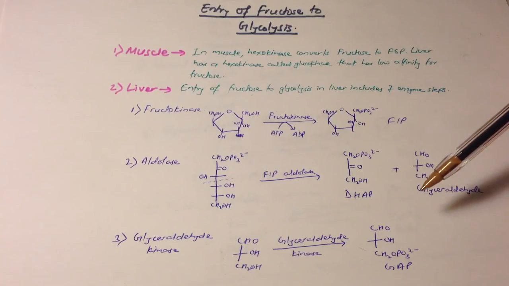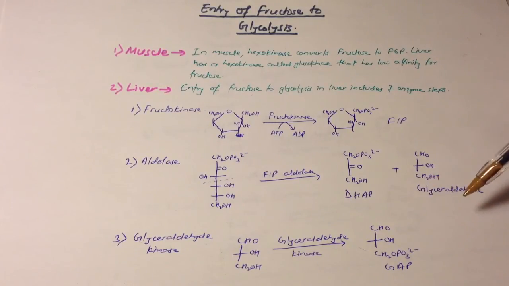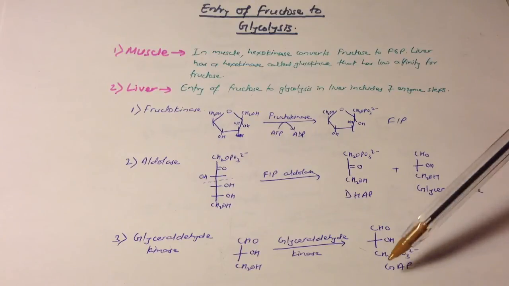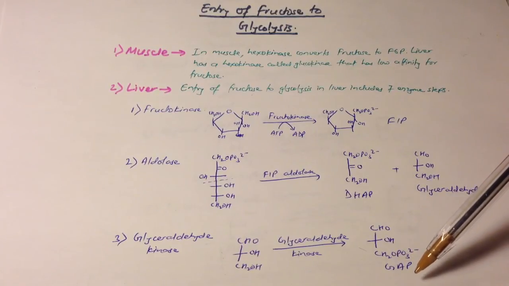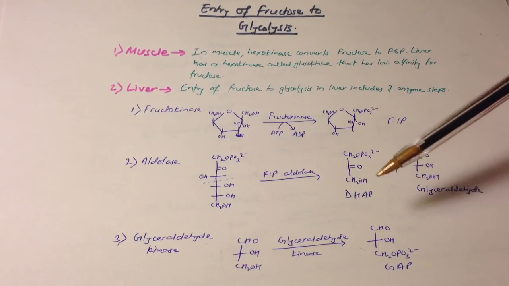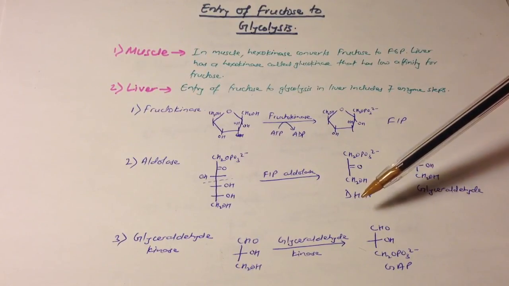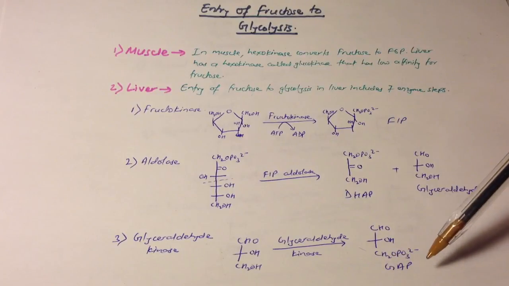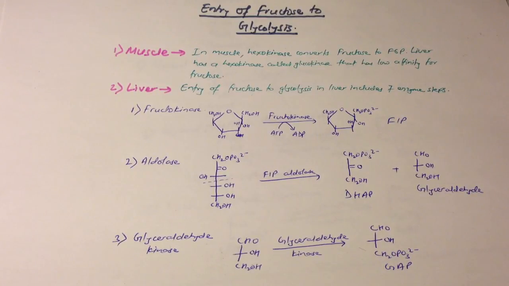In reaction number 3, the glyceraldehyde is converted straight to glyceraldehyde 3-phosphate, but the remaining reactions are going to talk about how glyceraldehyde would first be converted into dihydroxyacetone phosphate and then to glyceraldehyde 3-phosphate. It might look scary, but it's not that scary.